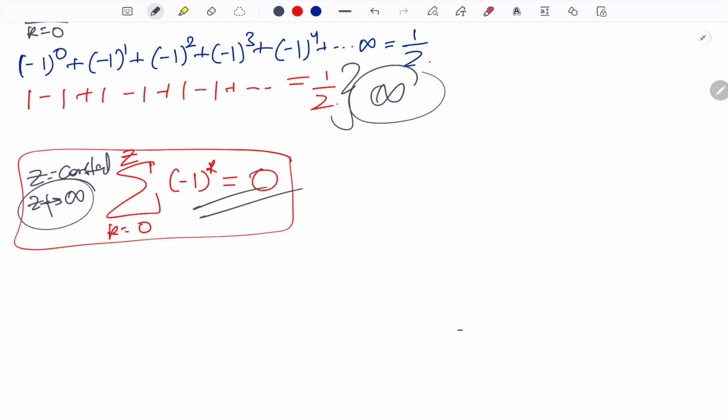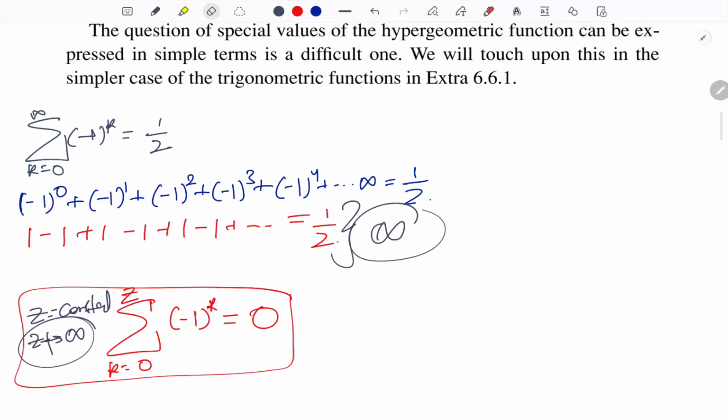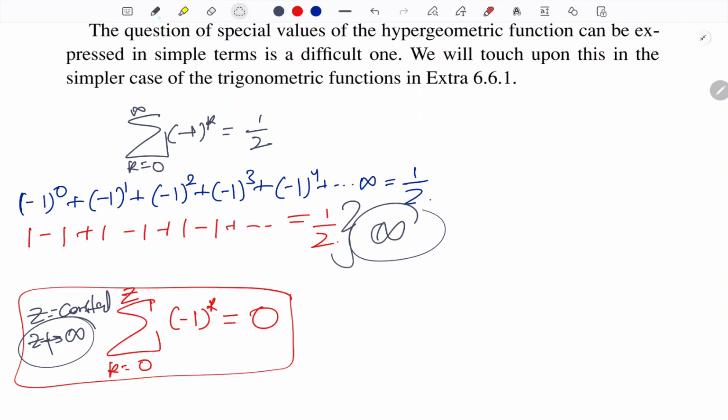So this is going to be 0, because it's just cancelling out. It's a telescoping series, and these terms are going to cancel each other out. So eventually we're going to have 0 as a result. But let's replace this infinity with z.